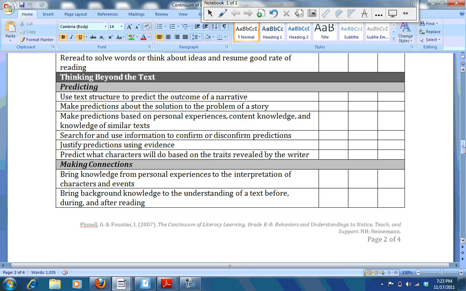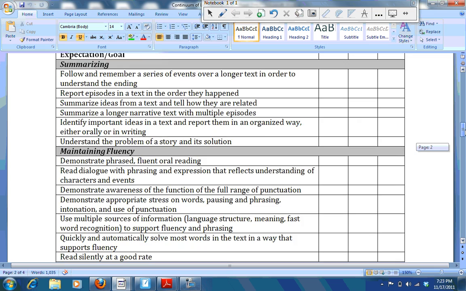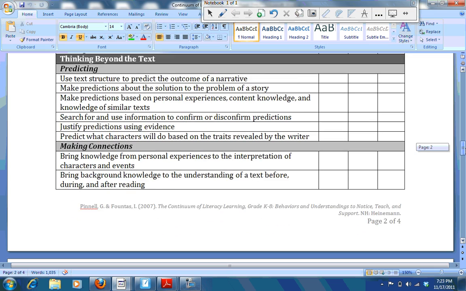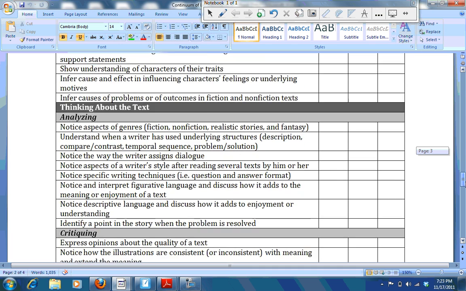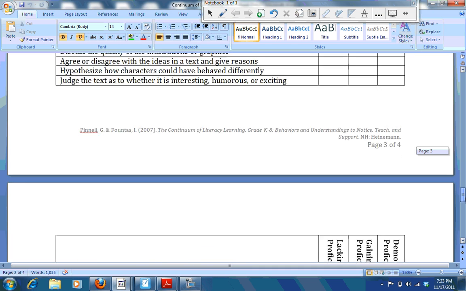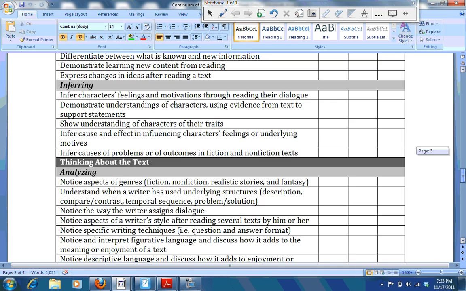So there's lots of things to think about as you're planning your comprehension: predicting, making connections, synthesizing and inferring, analyzing the text, critiquing. This is just something that I like to make a copy for each group and have it when I'm planning my lessons.